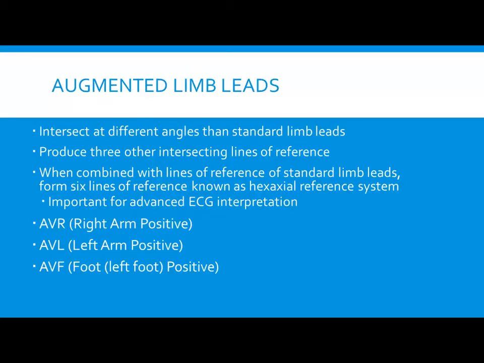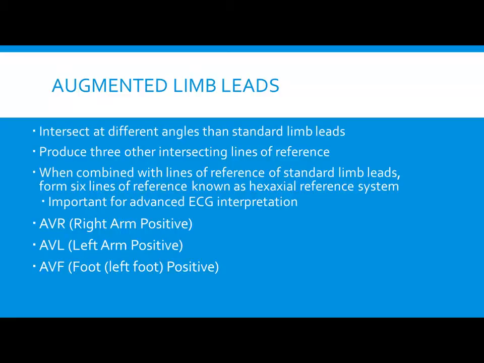I don't expect you to walk out of here as experts at this today, because there's just really no way for me to explain it until you've read over it some. I'm going to try to, but AVR again means right arm is positive. So if I'm looking at AVR, I'm looking at a view where it's going to combine these 2 to go there.